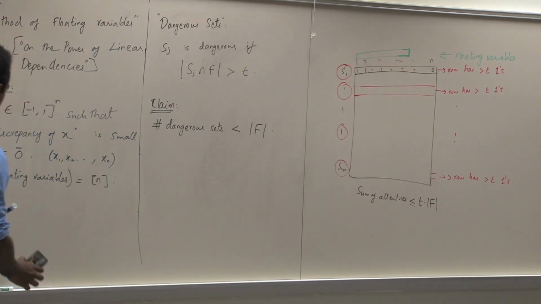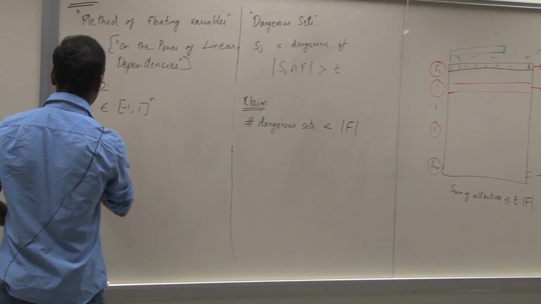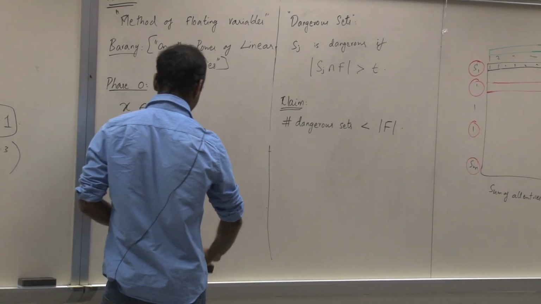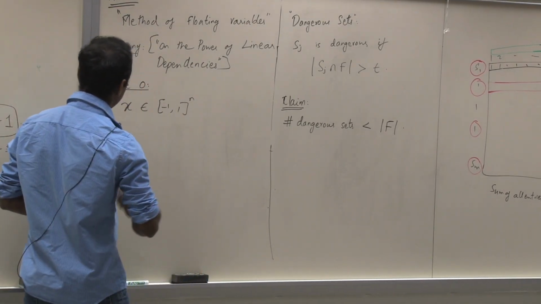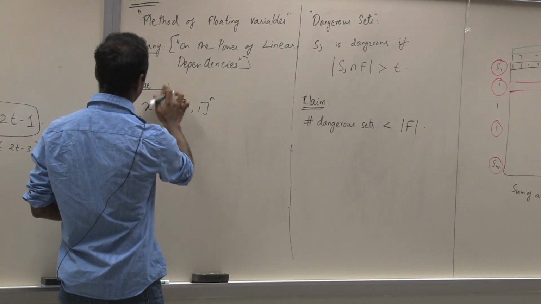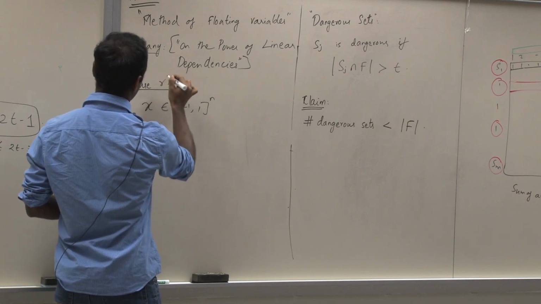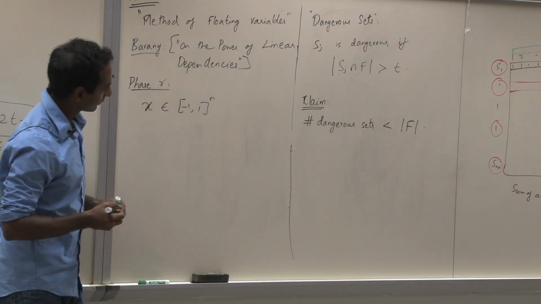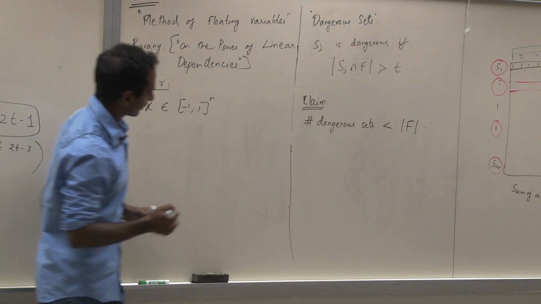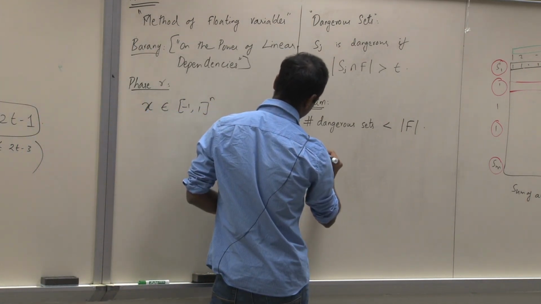Okay. So let me now describe the algorithm. So at each stage you have a vector x which is in minus 1, 1 to the n, and we look at phase r, and we'll also maintain another invariant.